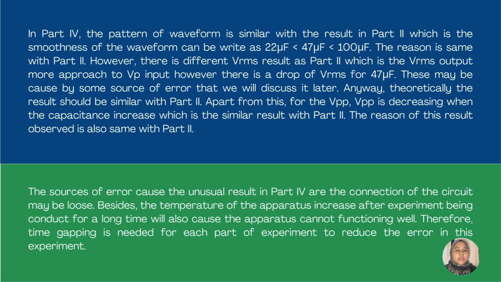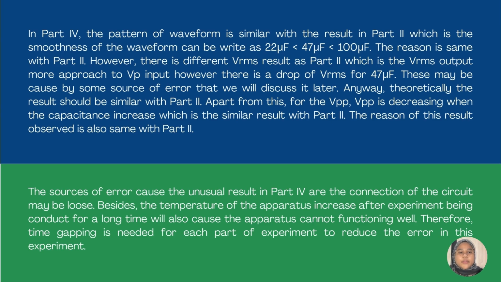However, there is a drop of VRMS for 47 microfarad. This may be caused by some sources of error that we discuss later. Anyway, theoretically, the result should be similar to part 2. Apart from this, the VPP is decreasing when the capacitance increases, which is a similar result to part 2. The reason for this result is also the same as part 2.